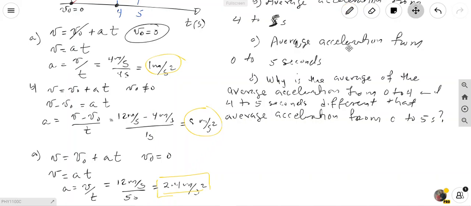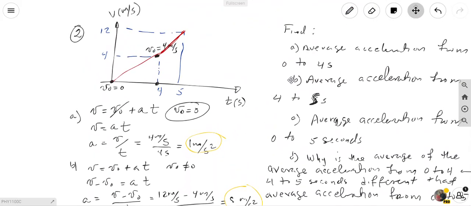If we find a line from 0 to 5, the slope of that line will be different from the slopes of the lines from 0 to 4 and from 4 to 5.